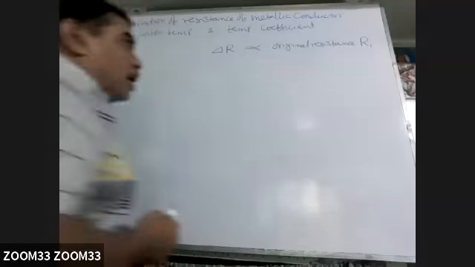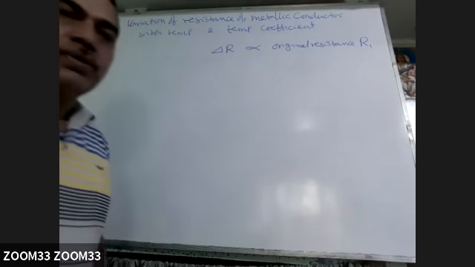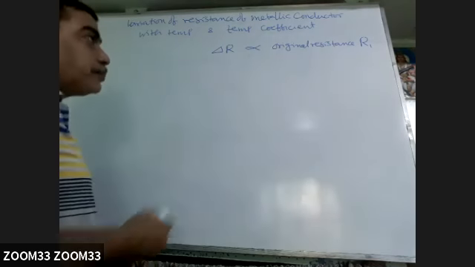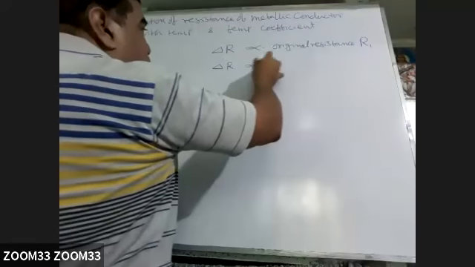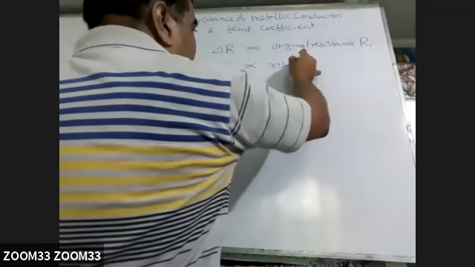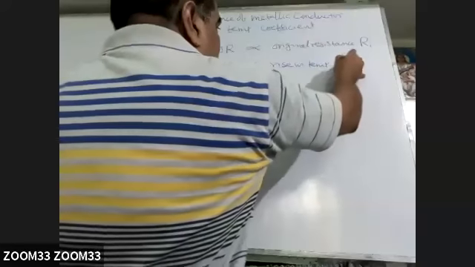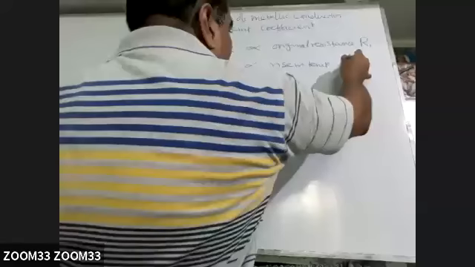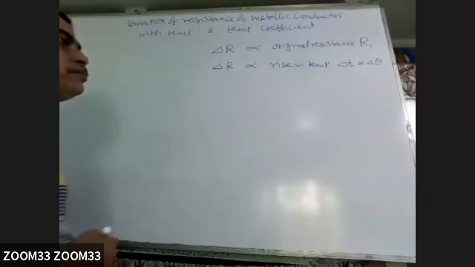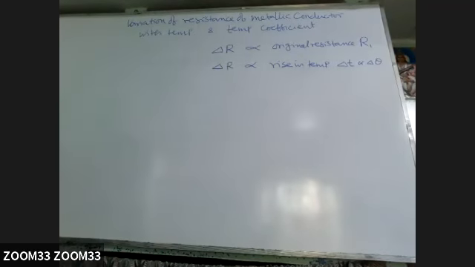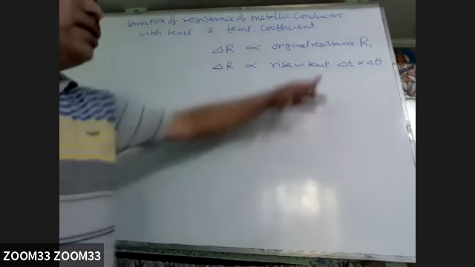Suppose this is R1, or Ri, or R0, sometimes we write, that is at 0 degree Celsius. And this delta R is also directly proportional to the rise in temperature, delta T or delta theta, whatever you say.